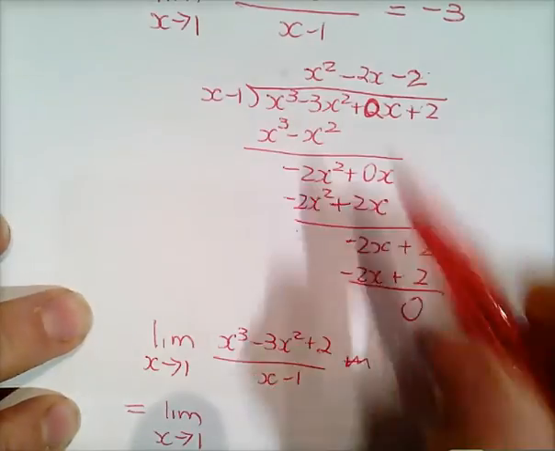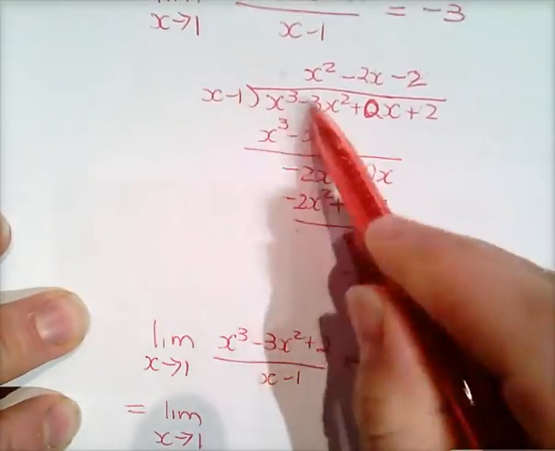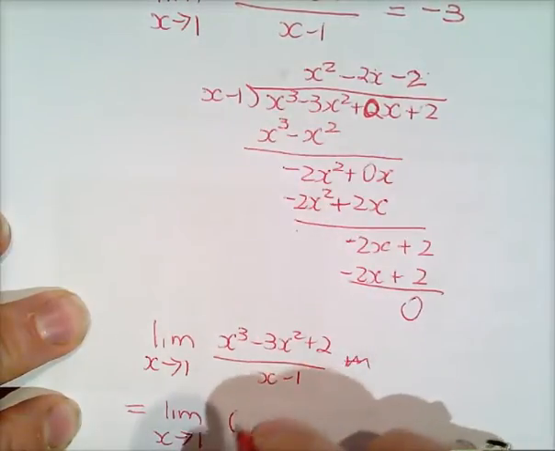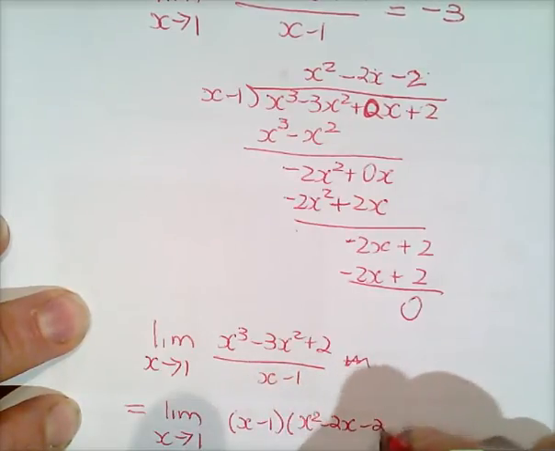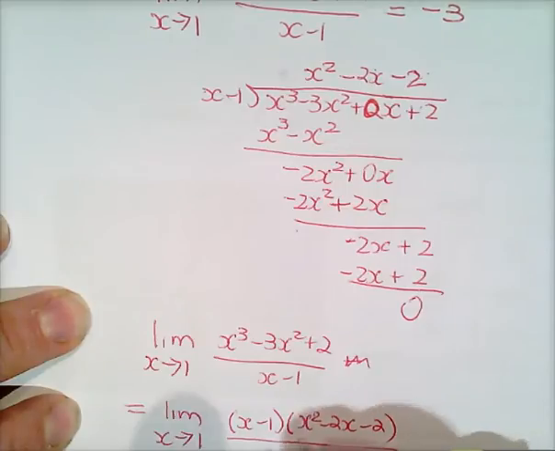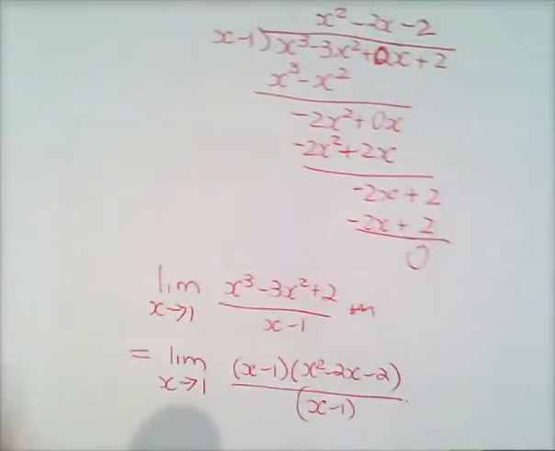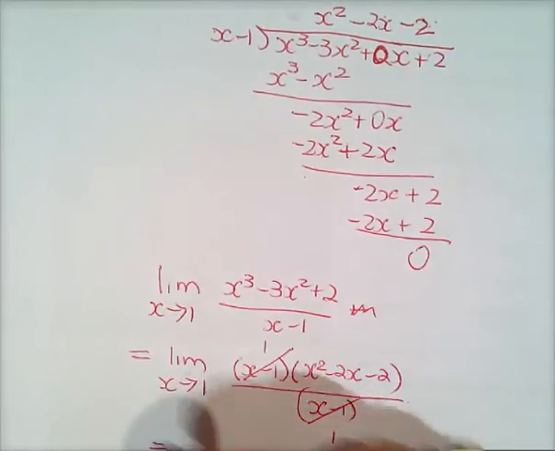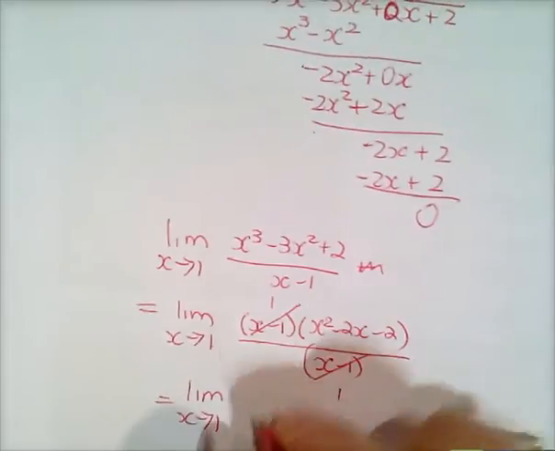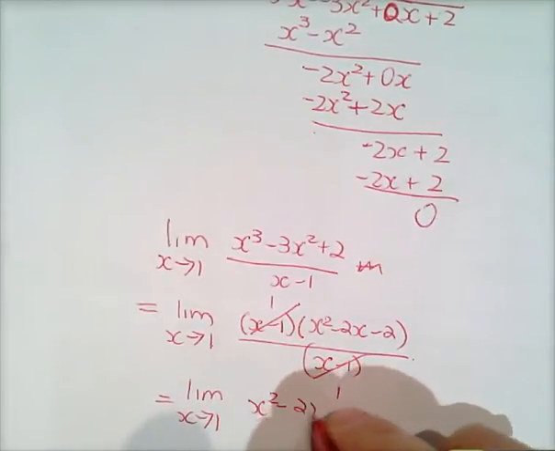Now, this is the result of our division here, x minus 1 times x squared minus 2x minus 2 over x minus 1. Cancelling the x minus 1's in the numerator and the denominator, we get the limit as x approaches 1 for the function x squared minus 2x minus 2.